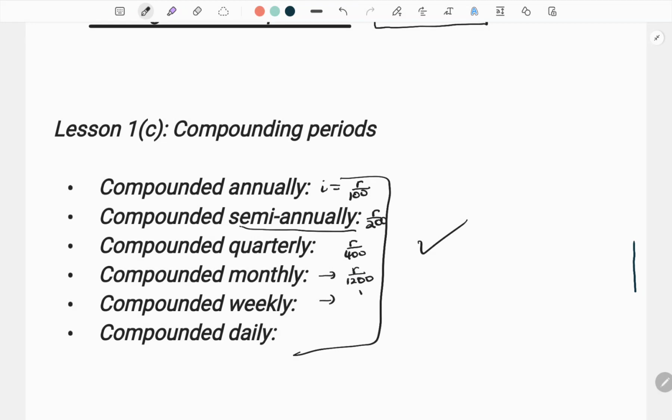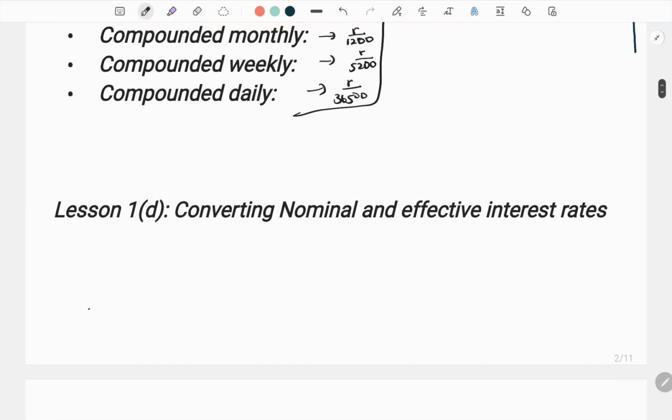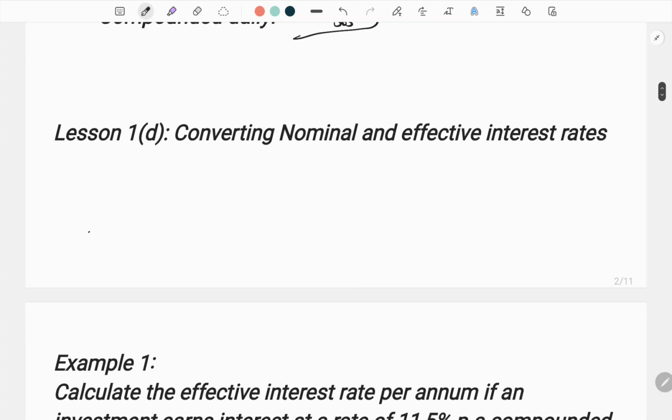Weekly you divide by 5200, and daily you divide by 36500. I hope it is clear. I've also done the nominal and effective interest rates, so we are also good.